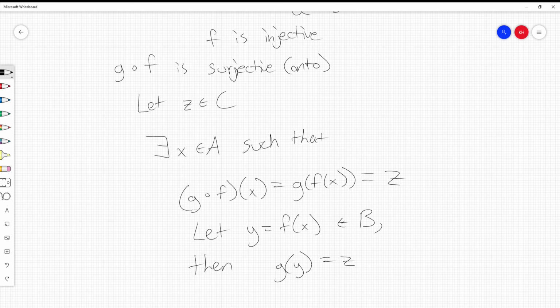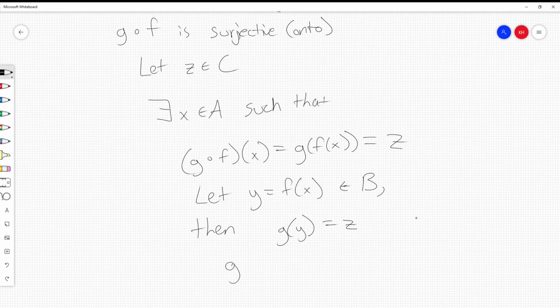So therefore there's always something in our function of g, or in the set of B, that will satisfy our onto situation here. Therefore this will imply that g is surjective as well.